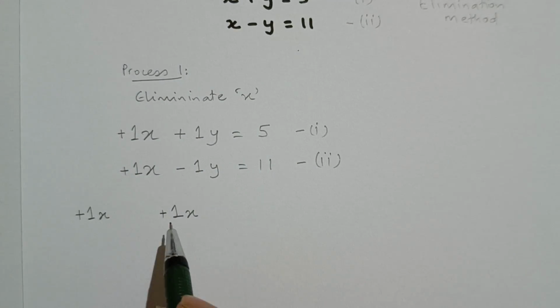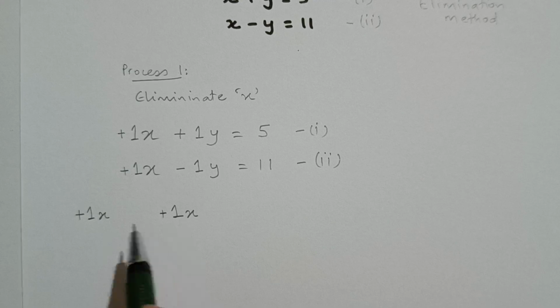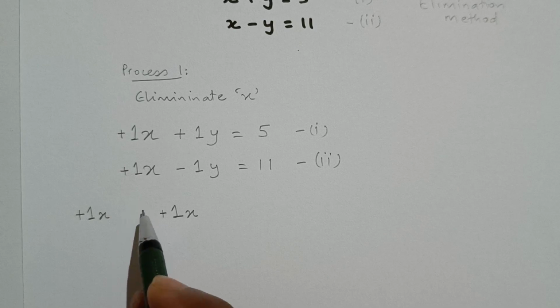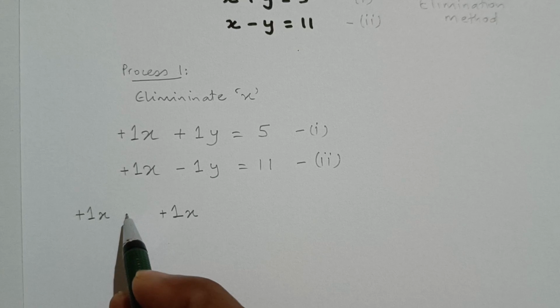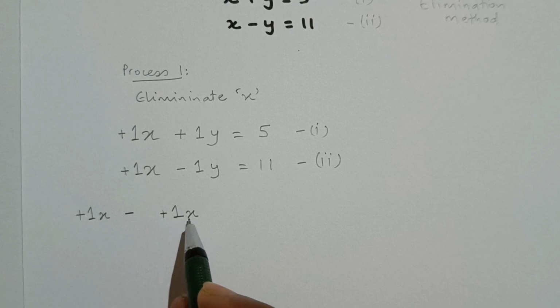So what should I do so that the x gets eliminated? Which operation should I do so that it eliminates plus 1x? That operation is subtraction. Plus 1x minus plus 1x will become 0.